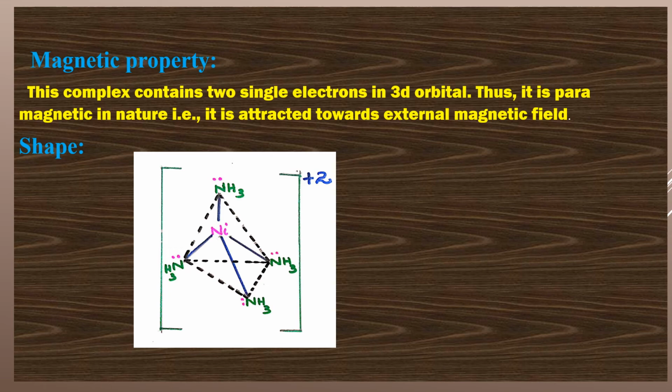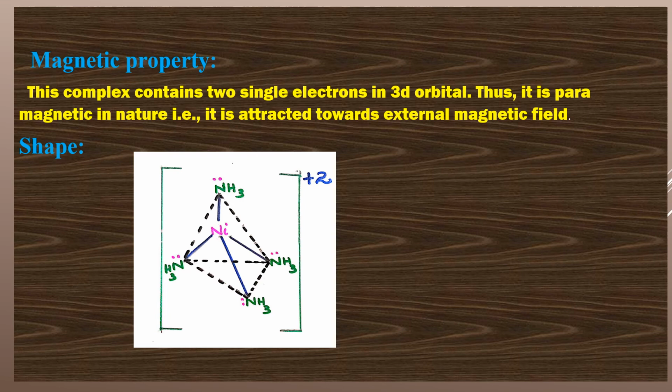So this is the magnetic property of [Ni(NH3)4]2+, called tetraamminenickel(II). My question: why is it paramagnetic in nature? Because it has 2 single electrons in the 3d orbital. Why are they not forced to pair up? Because NH3 is not a strong ligand.